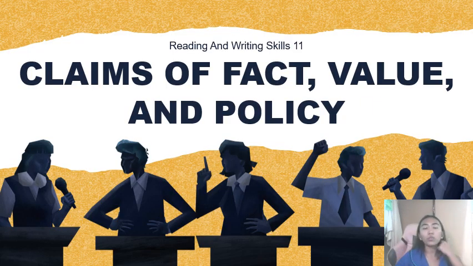Okay, so again, we are done with the three claims. First, we have the claims of fact, which is all about how we use facts, the scientific evidences, researches, and other facts to support a claim. And a claim of fact is asserting that that claim is a fact. But again, remember class, a claim of fact is not a fact.